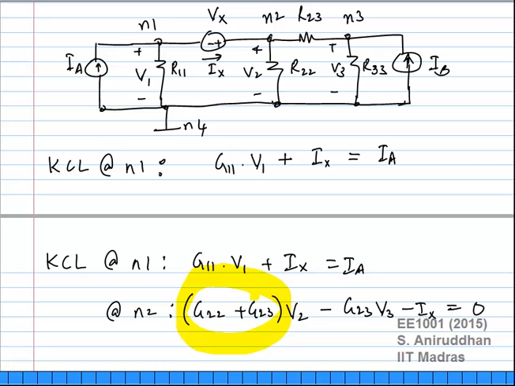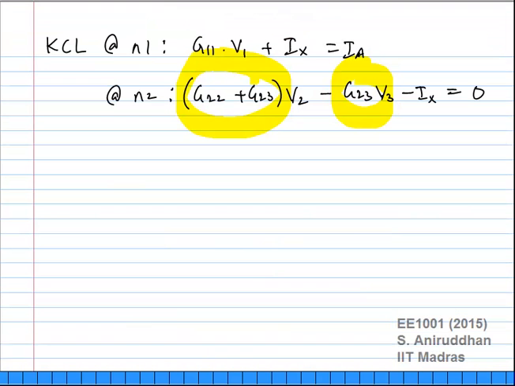I'm assuming you are all able to see this. Then of course the V3 terms, I'm writing it separately. Of course I have a current Ix coming from node 1. Okay, so that's minus Ix leaving the node and should be equal to the sum of independent current sources entering that node, that is 0. Okay, very good.